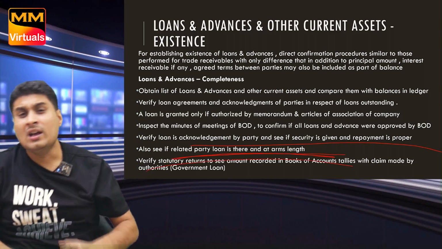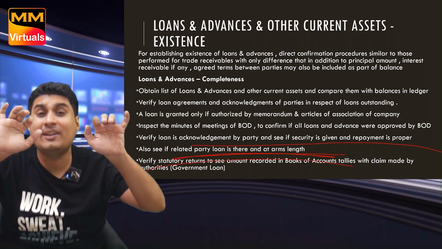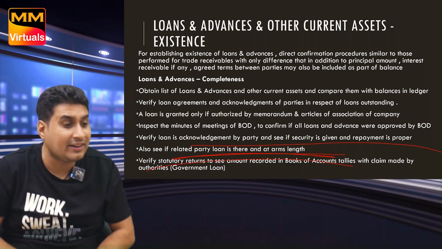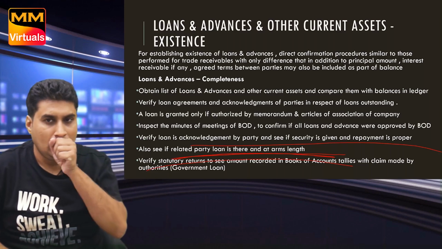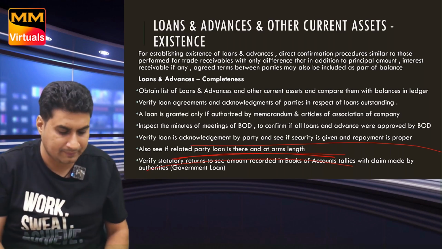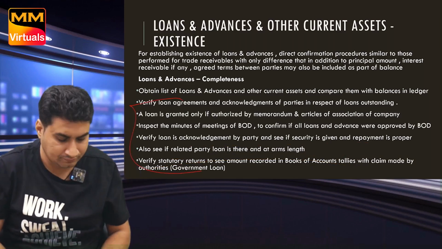Most important, if you have given any advance to a government authority, see it is reflecting in online returns. Okay. Advance for GST, is it showing in the books of accounts or not? Okay. Simple. Any doubt? No doubt, sir.